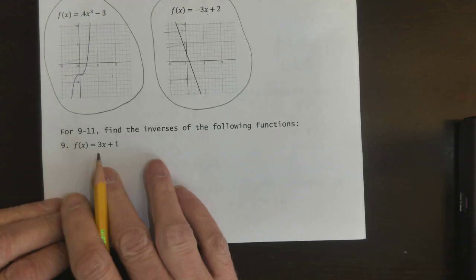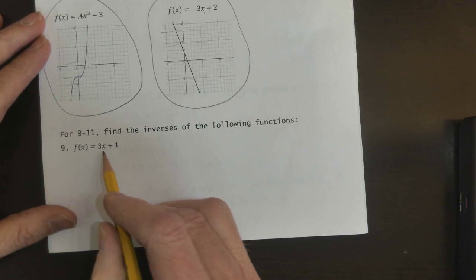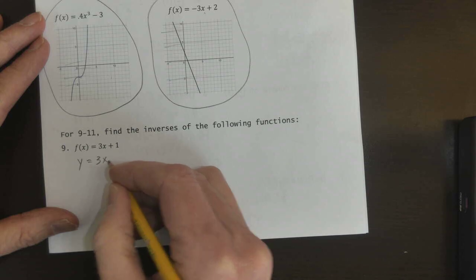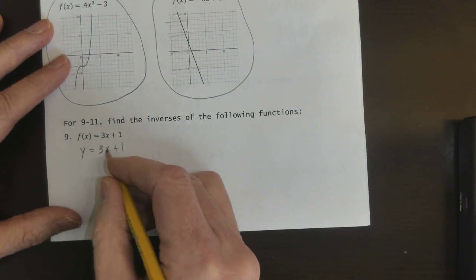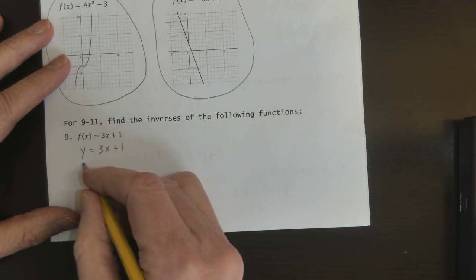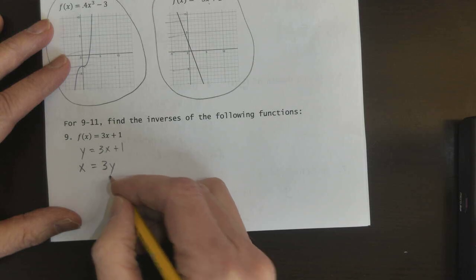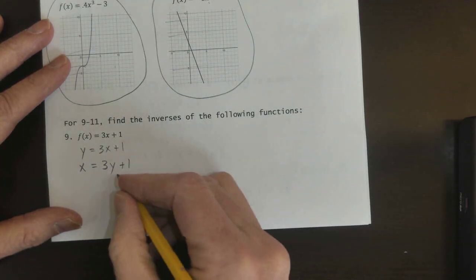Okay, now 9 through 11, find the inverses. Remember, change the f of x to y equals 3x plus 1. Switch the x and the y, so I'm going to put x here where y was and put y here where x was plus 1, and solve for y.